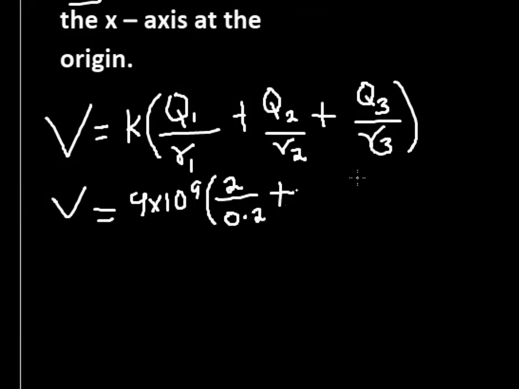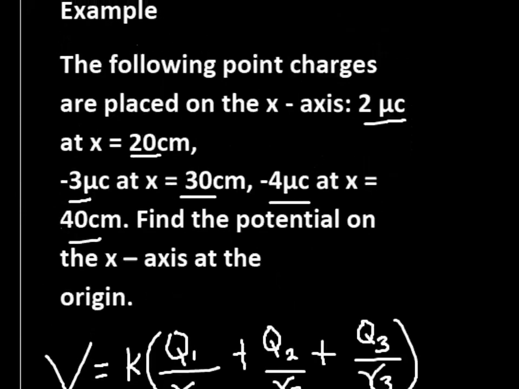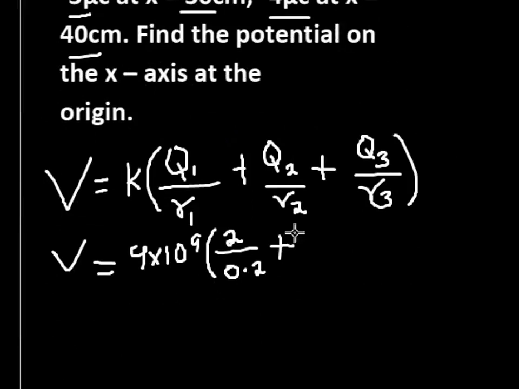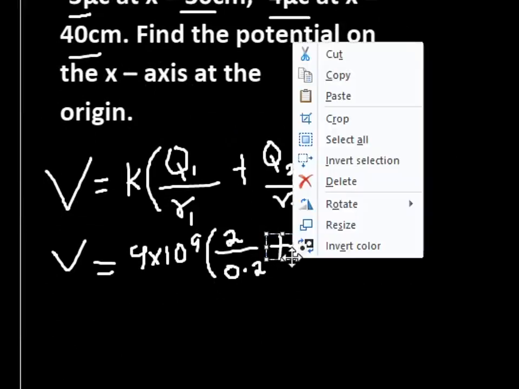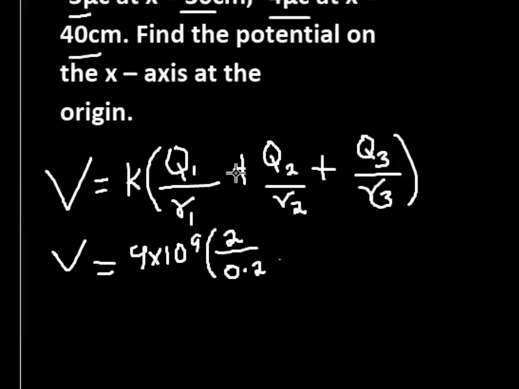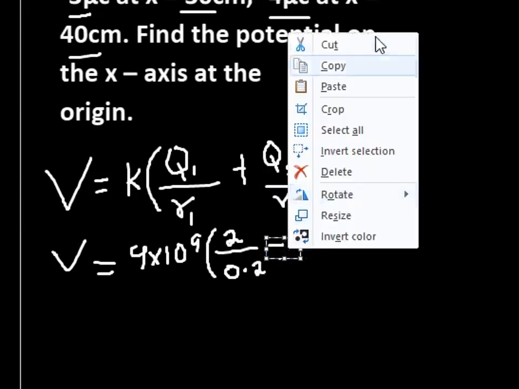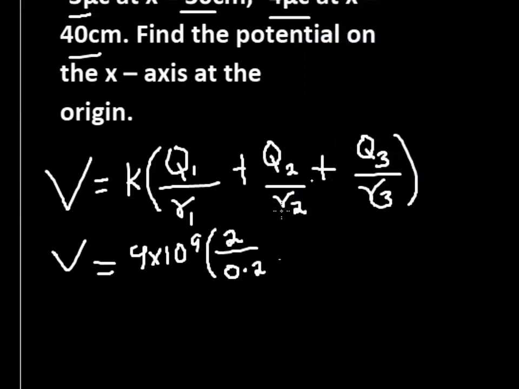Then plus Q2. Now Q2 is minus 3 microcoulombs. Because of that minus, that minus will change this plus to minus, because plus times minus is always minus. So I just put the minus immediately. The charge is 3 microcoulombs, and I had not been converting the microcoulombs. Please pardon that mistake.